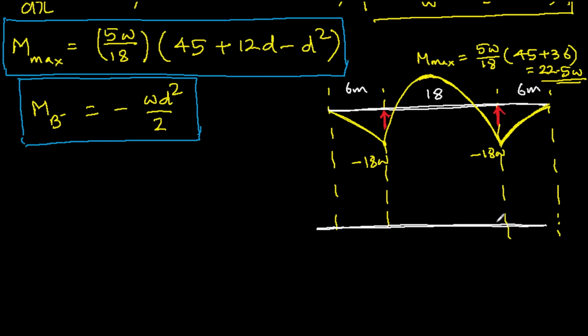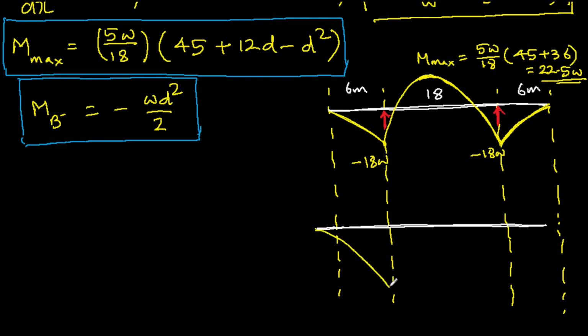Okay, now what will happen is your bending moment diagram will start from here and it will go lower than minus 18W because more weight has come to this side.